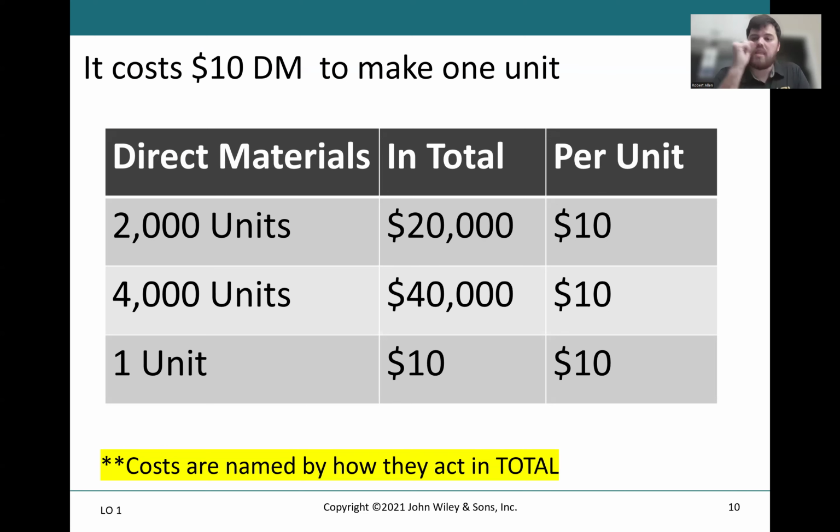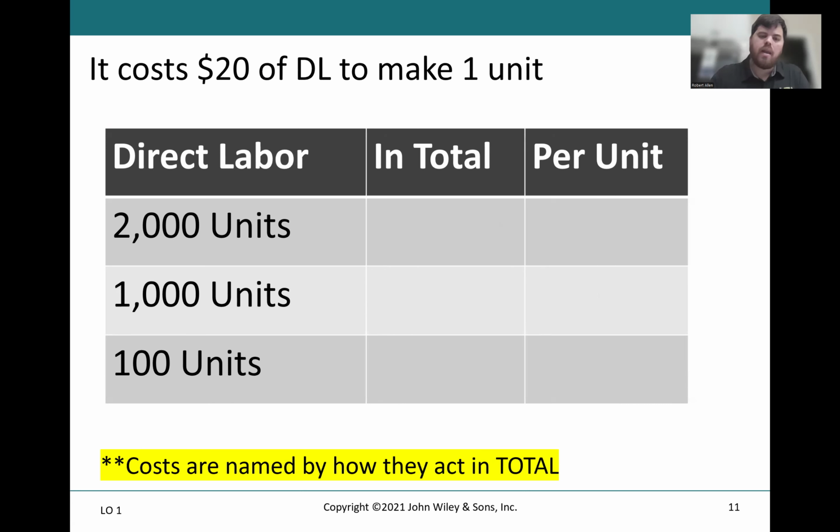But notice the per unit amount is not changing. So if you go back to that table we looked at earlier, you will see that as we said, the direct materials are fixed on a per unit basis, but they change in total, meaning they are in fact a variable cost.